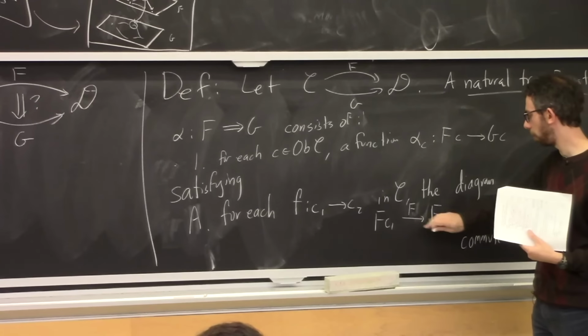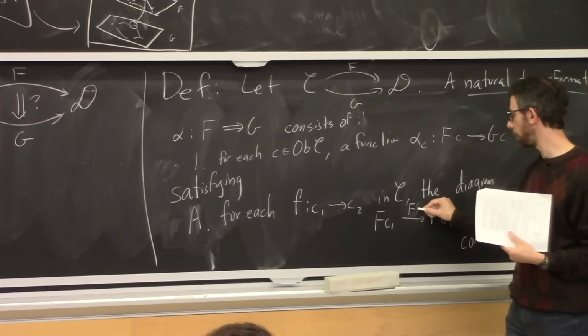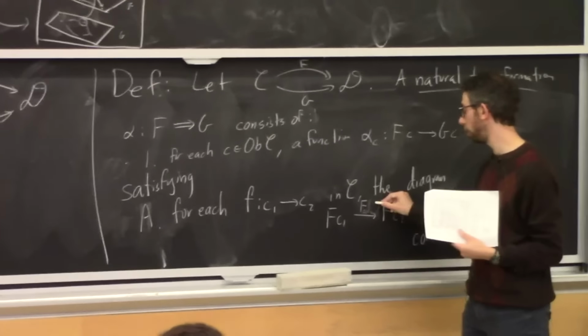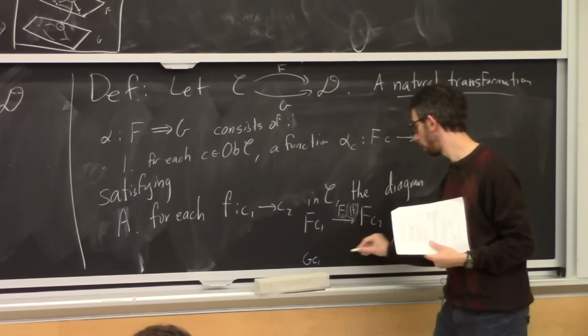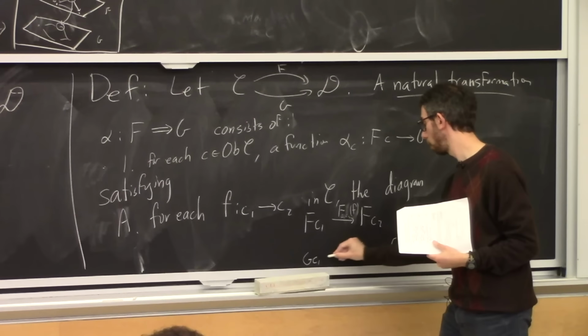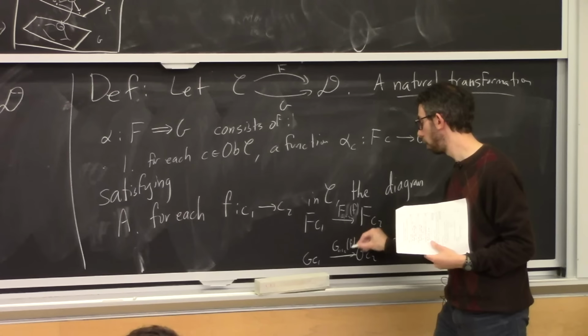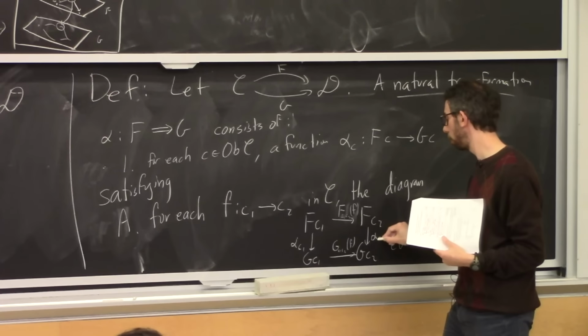Do you remember that from what a functor is? If I have a morphism in C, I get a morphism between F of c1 and F of c2. But I could also do that with G, I have this G sub c1,c2 of f. But I also have alpha c1 and alpha c2.